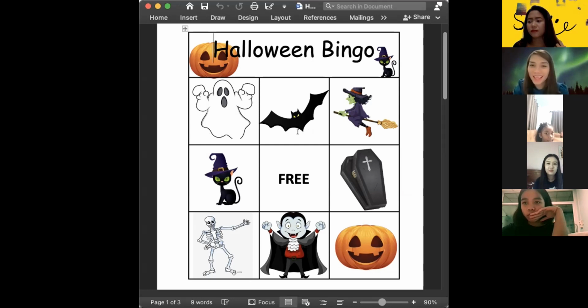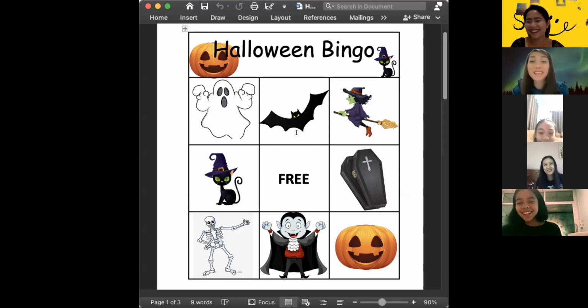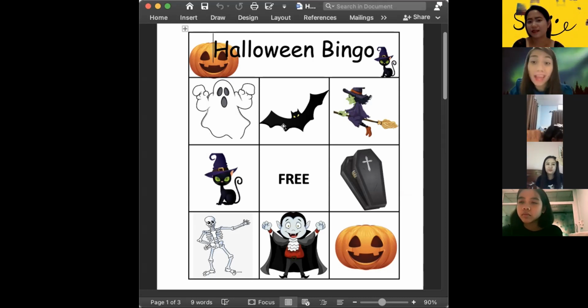Next, how about this? What is this? Let's have Gel. This is a bat. Bat is a symbol of Halloween as well. But a bat is originally an animal.